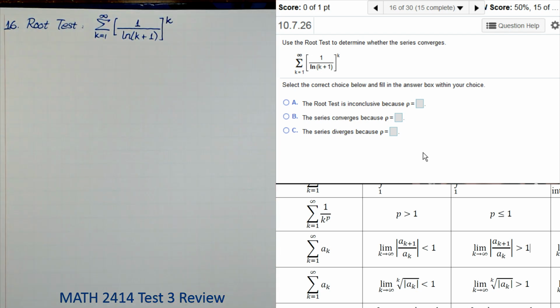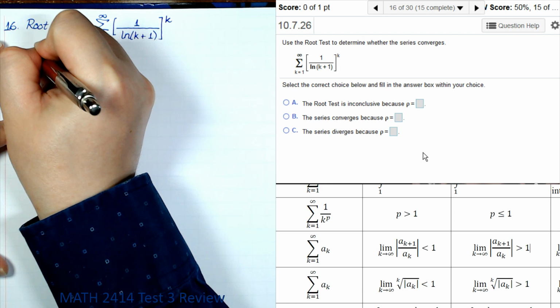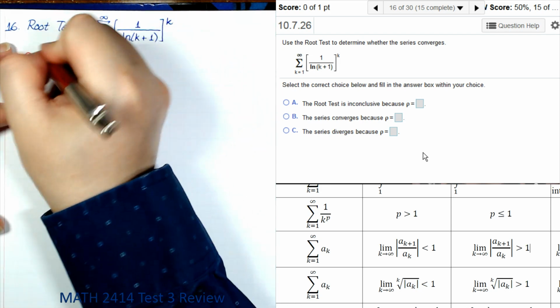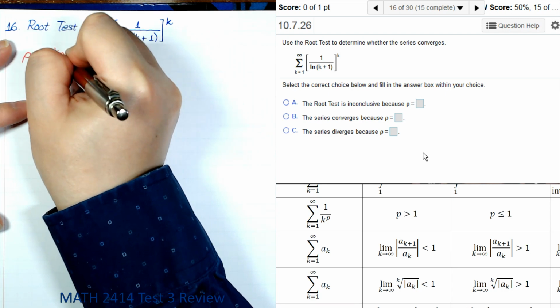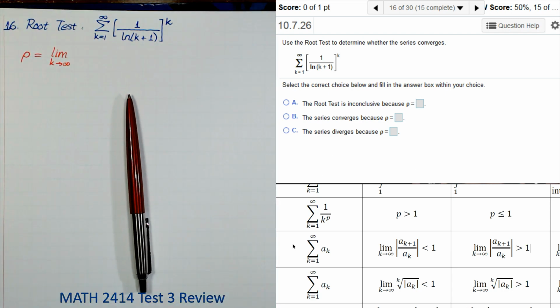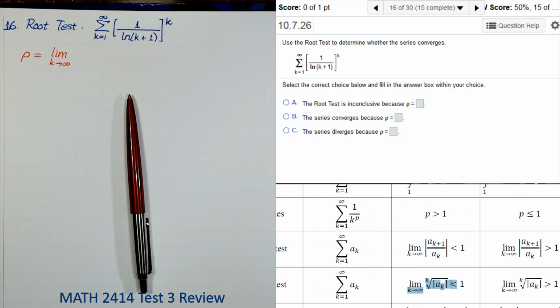So the root test is where we take the root, still with the limit when k goes to infinity. Where's the root test? Oh, pretty much this.